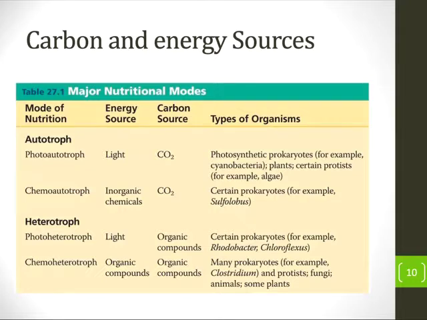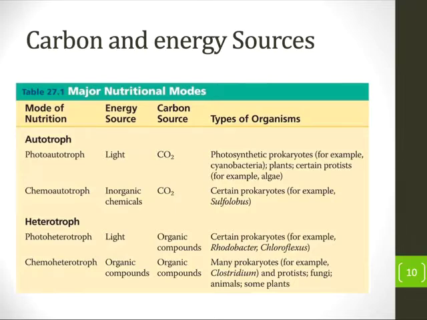This table summarizes all that I'm talking about, where you have phototrophs using light as a source of energy, CO2 as carbon source, and the examples of organisms that carry out anabolic processes this way, because they are building. Then we have chemoautotrophs that will use inorganic chemicals as an energy source, and the carbon source will be CO2.